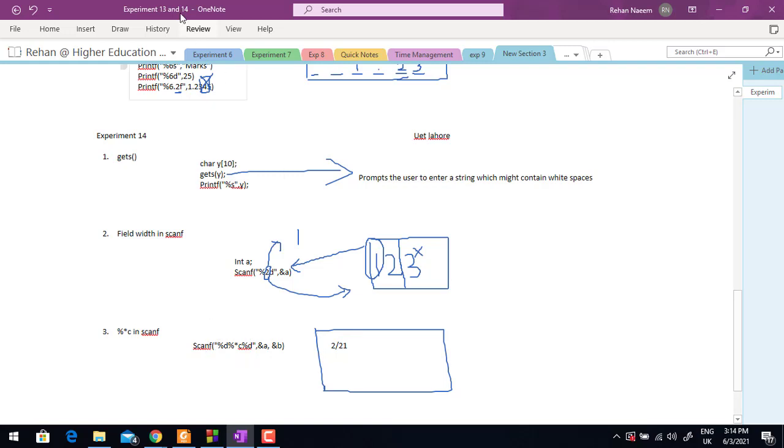Now what will happen? This %d indicates or tells the computer to store the first integer entered by the user in variable a.